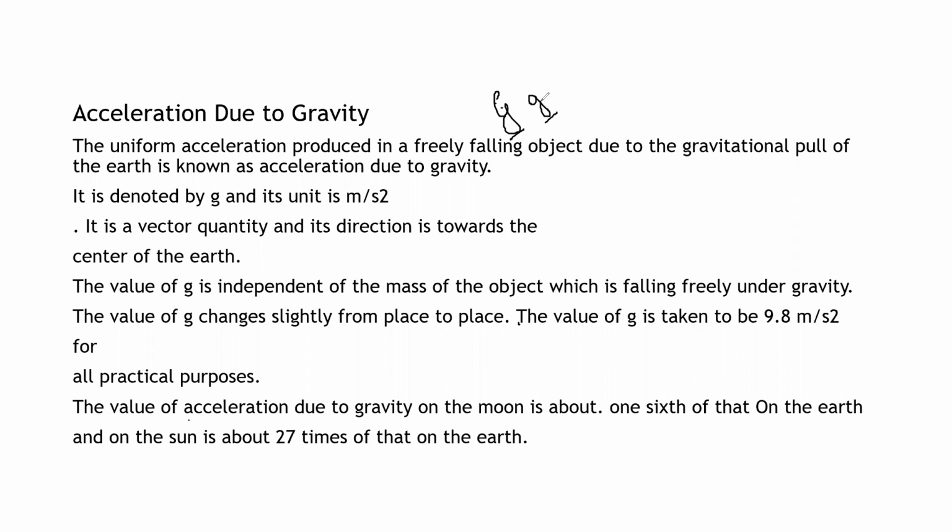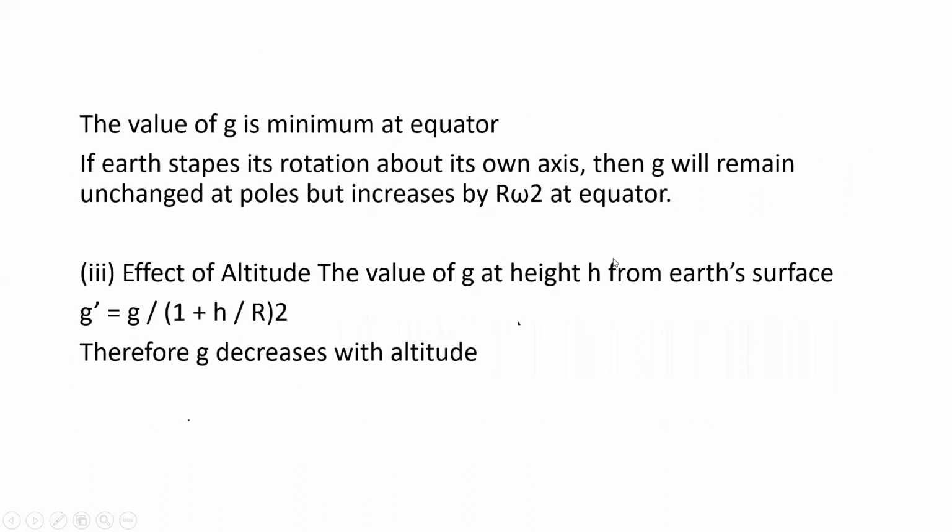Here, the unit of small g is meter per second square, because it is an acceleration itself. Just one point I want to tell you about our equation. The gravitational force is F equals G times m1 m2 divided by r square.